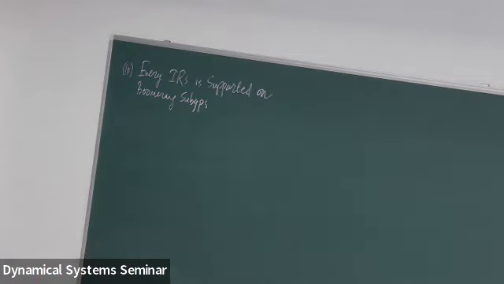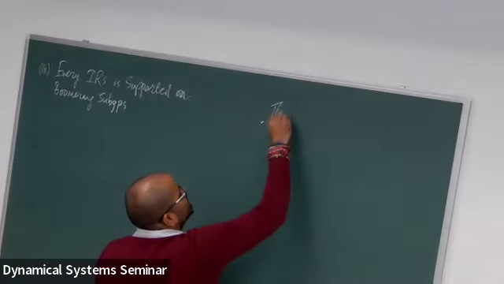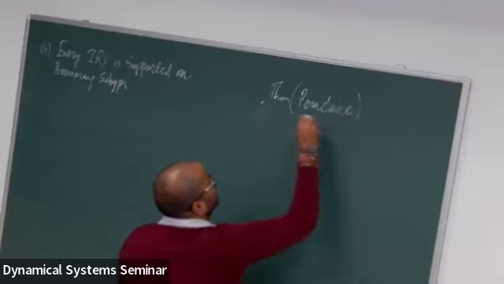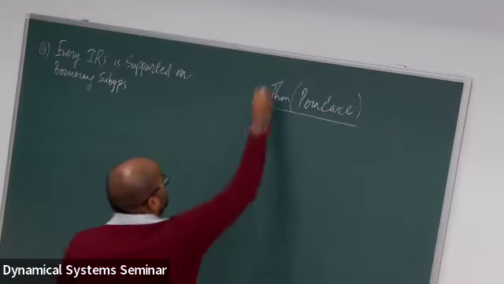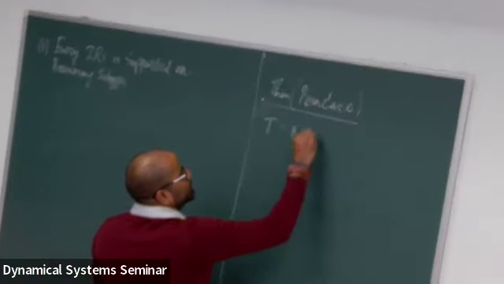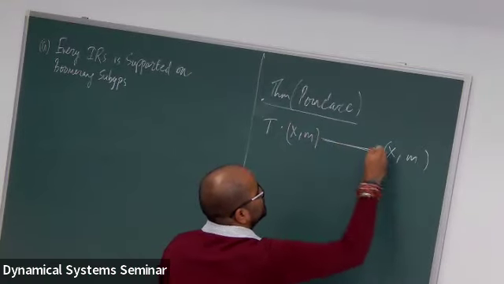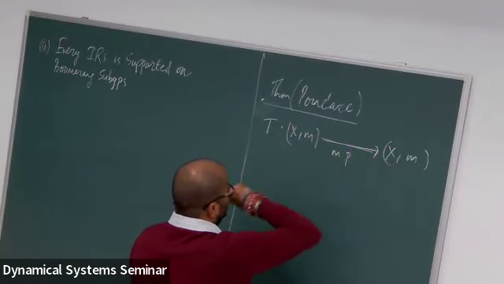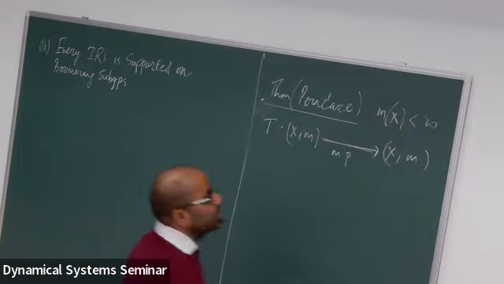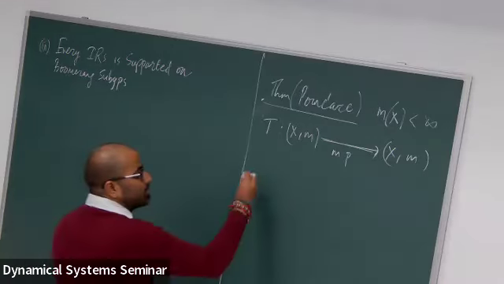So the Poincare recurrence theorem tells us the following. T from X to X is a measure preserving transformation, and m is a finite measure on X, where X is some measurable space.